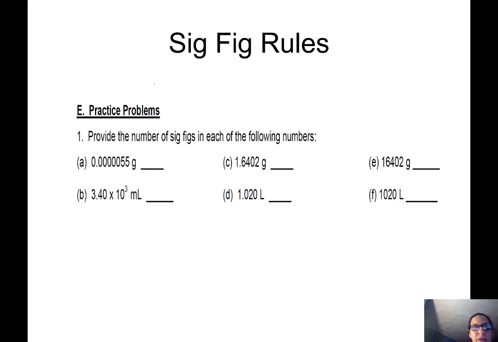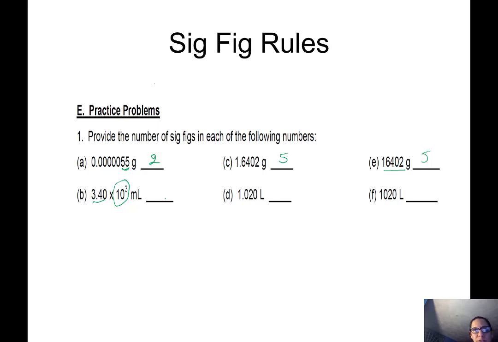So in this case, we have 2 sig figs. In this case, there are numbers after the decimal, so all the numbers are significant, 1, 2, 3, 4, 5. And in this case, all the numbers are significant, 1, 2, 3, 4, 5. And in this case, 10 raised to the power 3 is not significant.